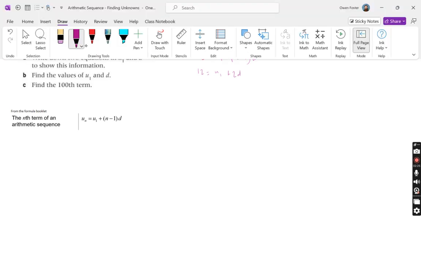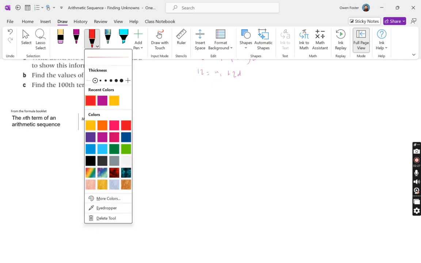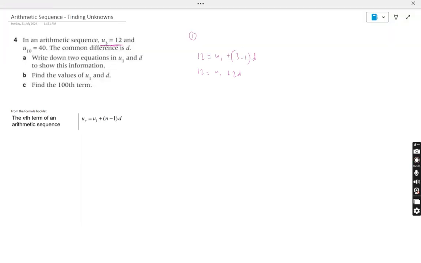Okay, let's change color. Second equation, and this again is still in part A. Both of these are in part A. Now I'm interested in U10 equals 40. So again, I've just underlined the bit that we're interested in.